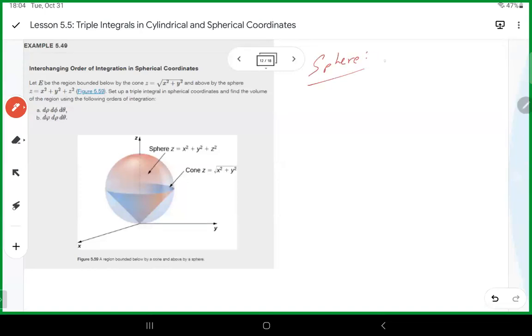So for the sphere, we know that we have x squared plus y squared plus z squared equals z.